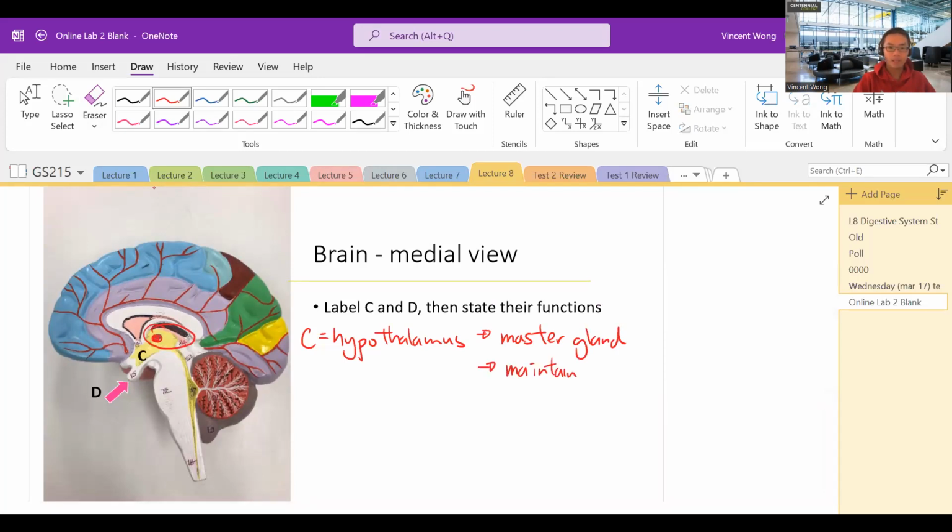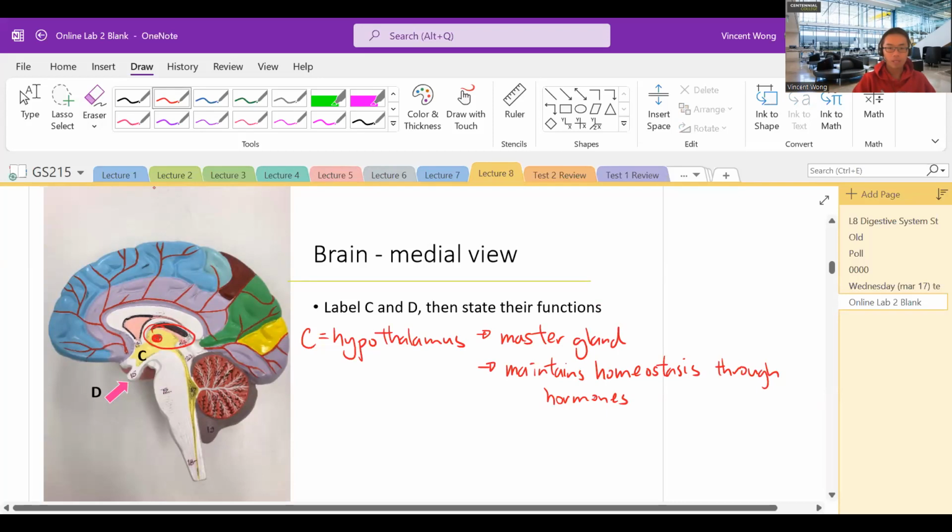Maintains homeostasis and internal balance, right? Through hormones. Okay.